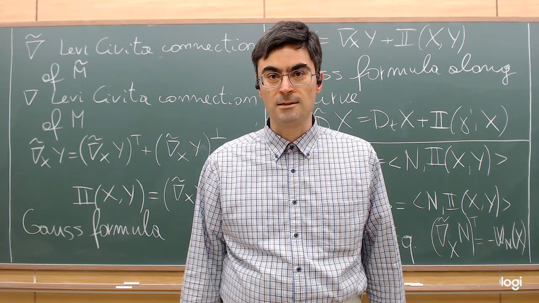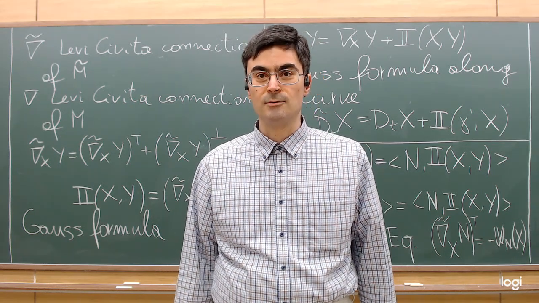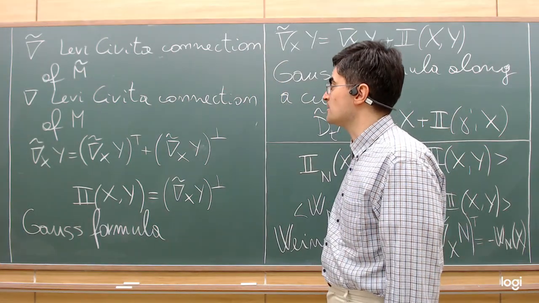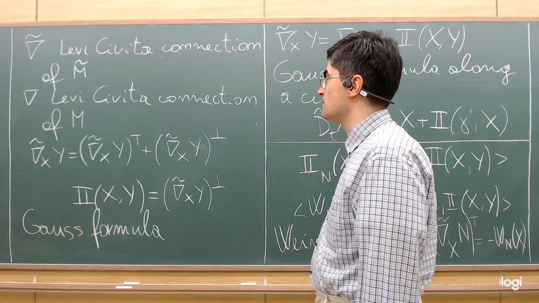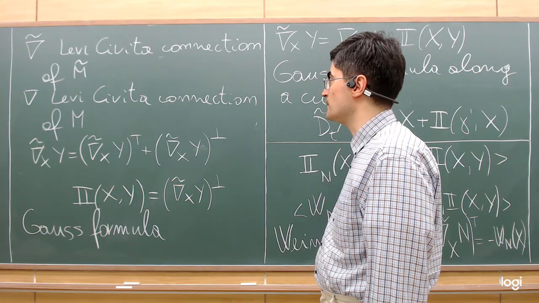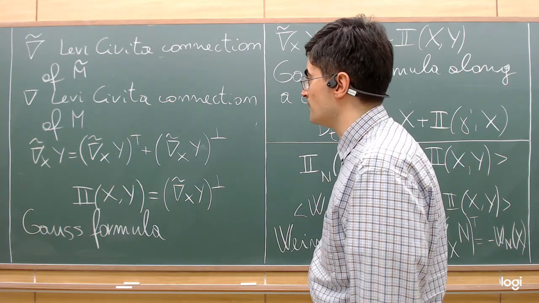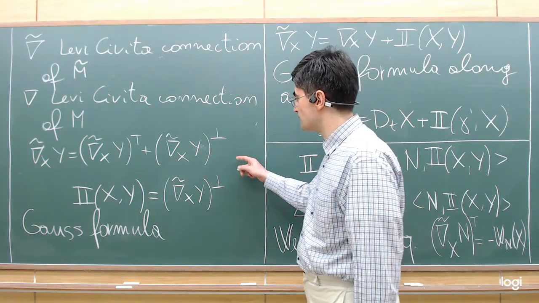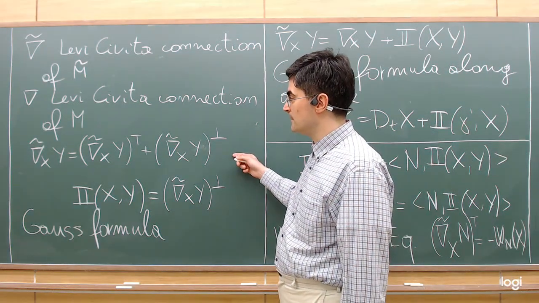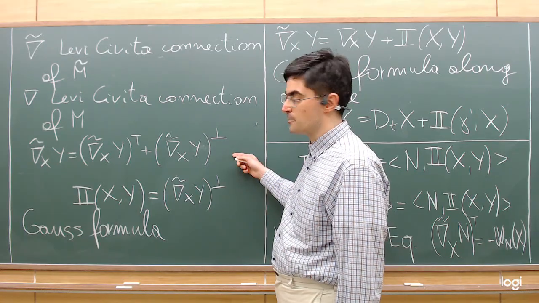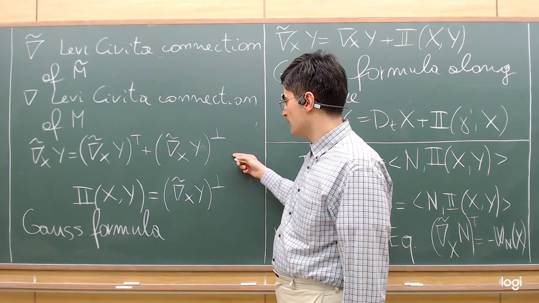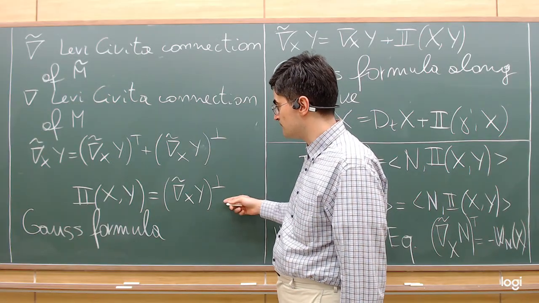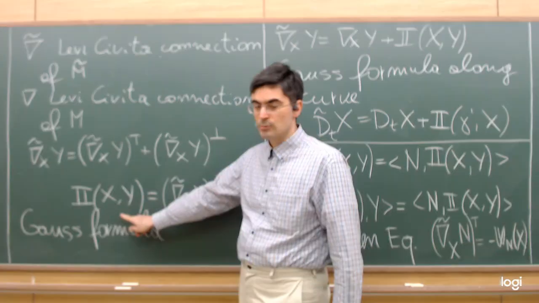I want to start this lecture by summarizing the formulas we have seen last time. Precisely, if nabla tilde is the Levi-Civita connection for M tilde, and nabla is the Levi-Civita connection for M, then we have that nabla tilde y in the direction of x splits this way, and the orthogonal component is what we call second fundamental form.